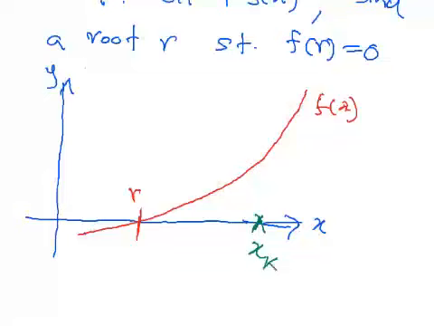Given xk, the next approximation x sub k plus 1 is determined by approximating f as a linear function at this point.